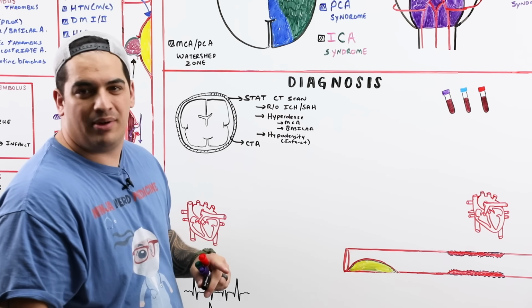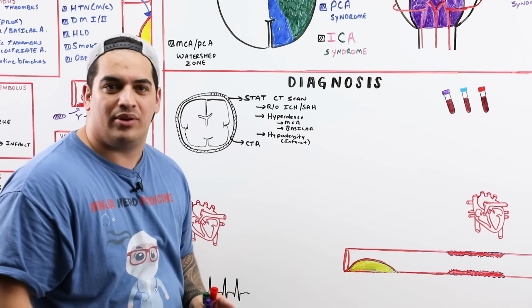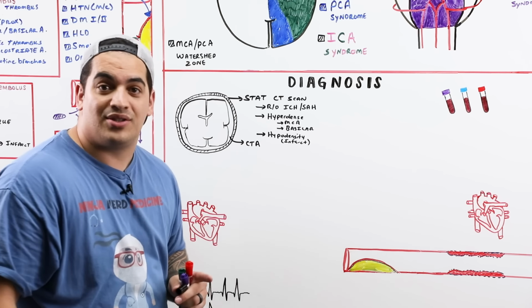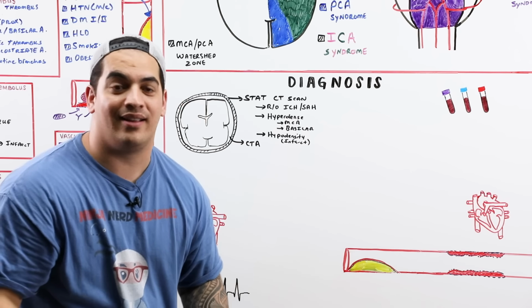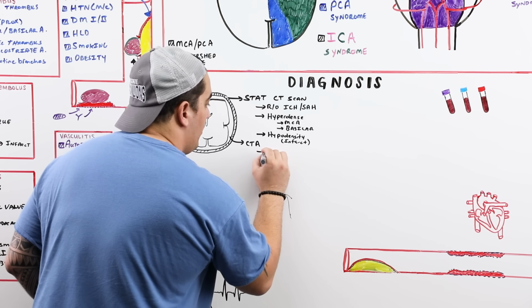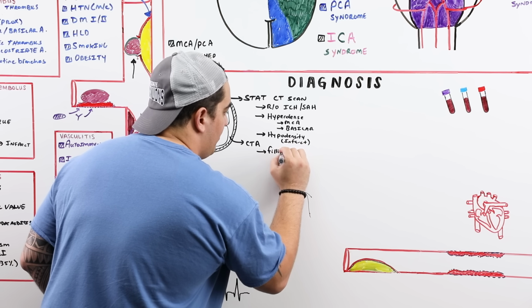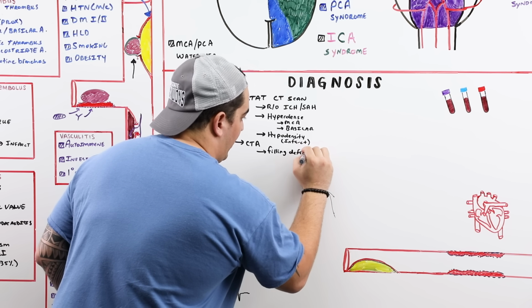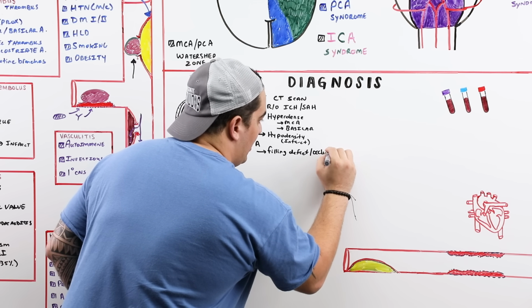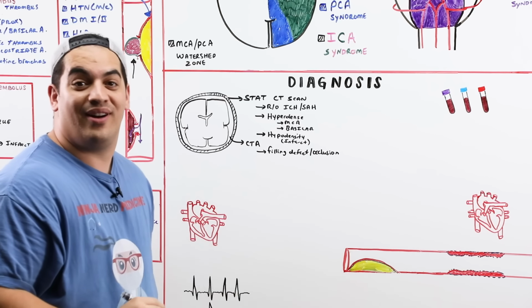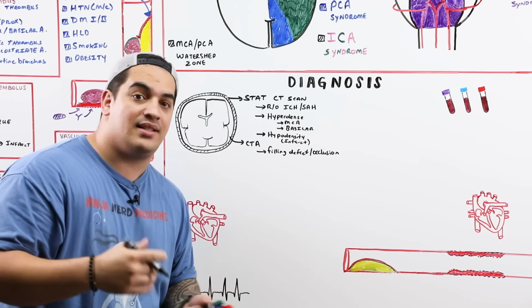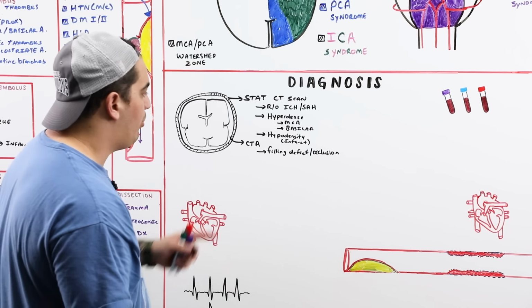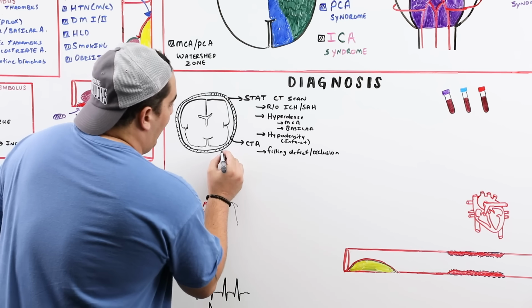Maybe you don't pick up the hyperdense sign, maybe you're not good enough to pick up the hypodensities, you push contrast through those vessels, and you'll see where the contrast can't get past that clot. This will show you a filling defect maybe, or where the occlusion is. And that tells me where it is as well. Is it in the MCA, the ACA, the ICA, and so on and so forth. So it's a pretty good thing to think about.